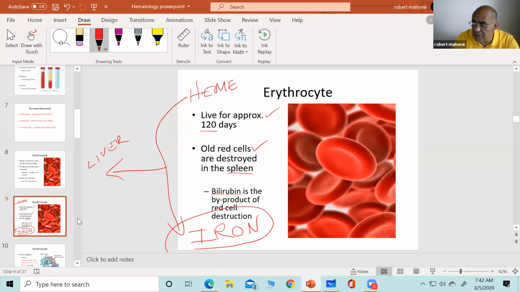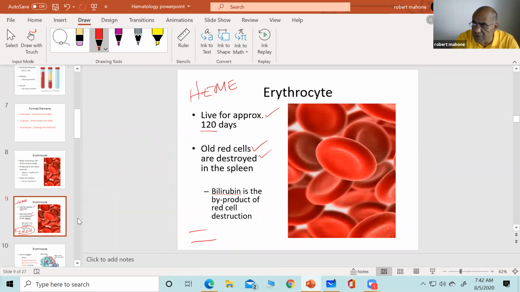Everything else gets destroyed. And in the digestive system, we mentioned that the byproduct of that destruction is called bilirubin. The bilirubin is also transported to the liver, and then the liver puts that into your colon for you so that you can excrete it from the body.